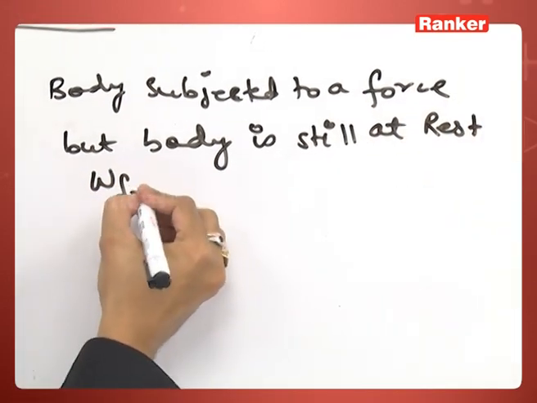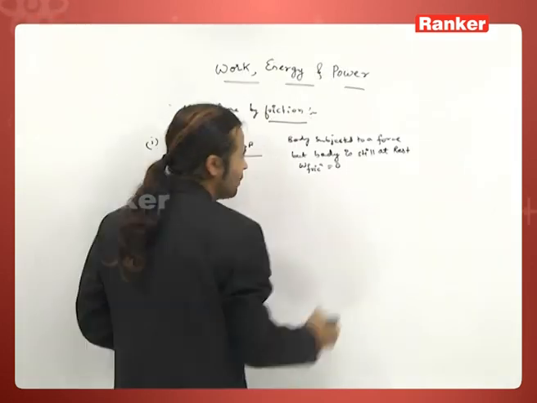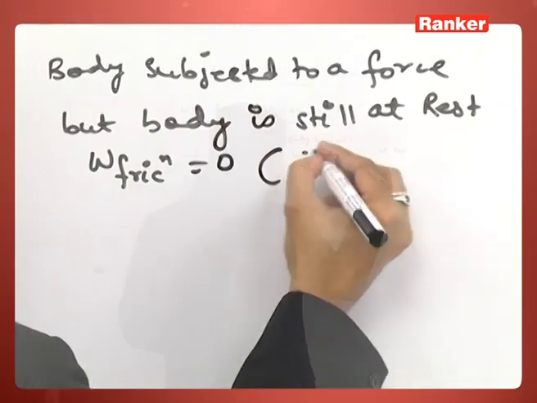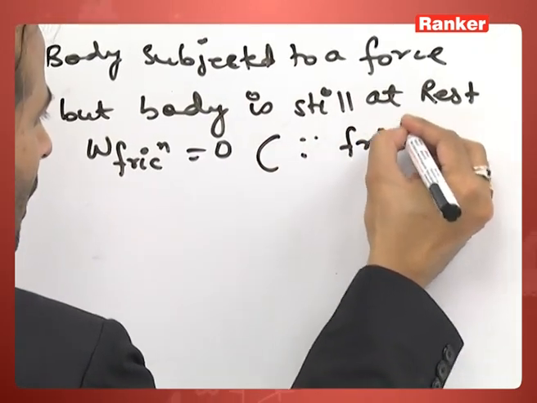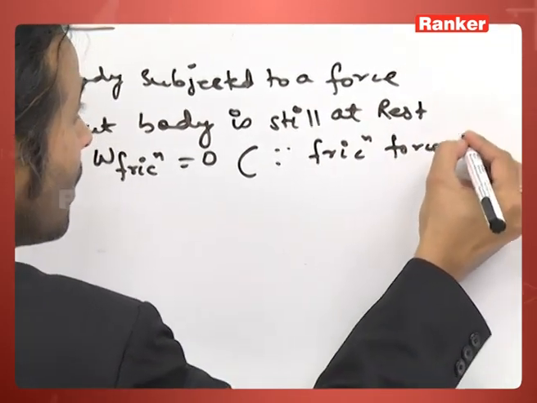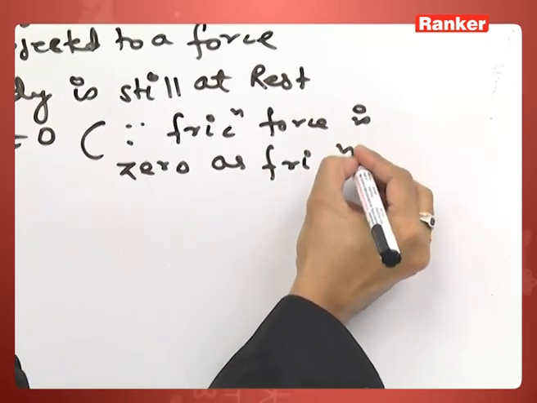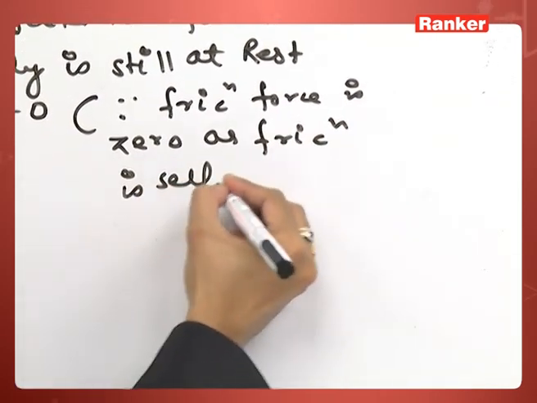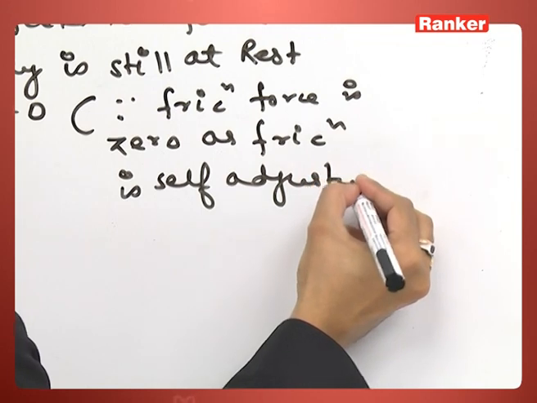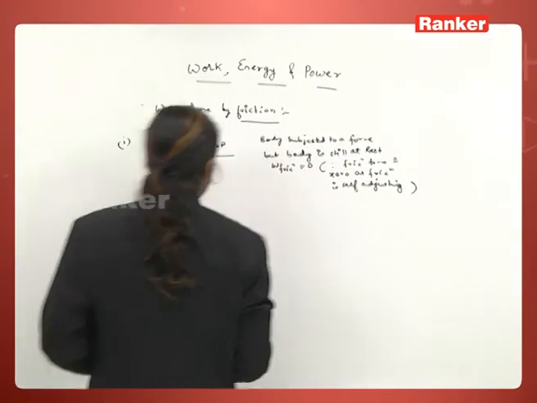Work done by friction is 0 because frictional force is 0, as friction is self-adjusting. Number 1 case.